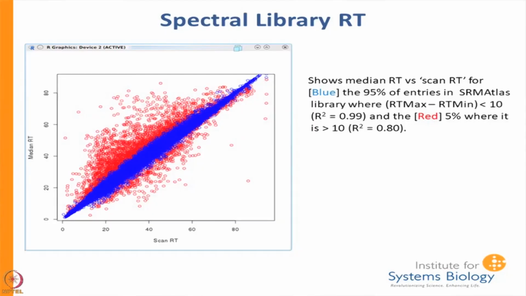All this shows is that if you pick pairs of peptides in the blue, where the difference between the minimum retention time seen for this ion and the maximum retention time seen for the ion is pretty close, then you get a much better correlation between the median retention time and this best replicate spectrum.